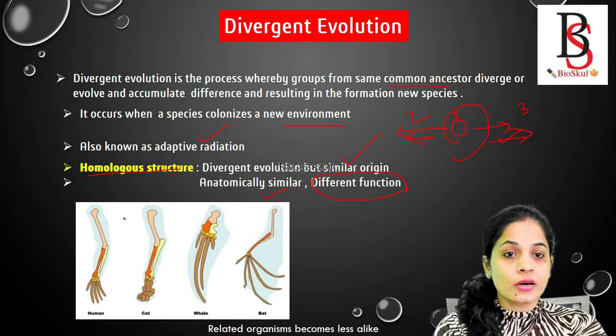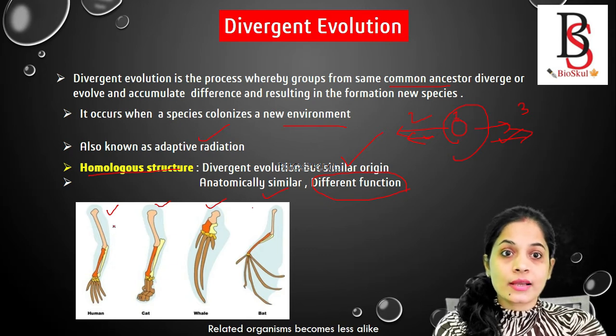So look here, these are the pentadactyl limbs of mammals. These are 4 mammals. Let's have an example, the pentadactyl limb of mammals. This is for human, cat, whale and bat.